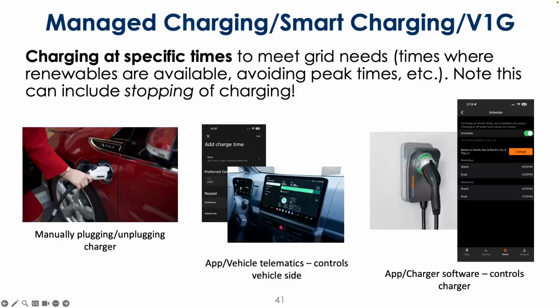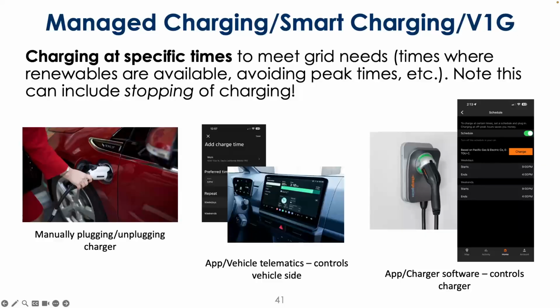You could also have it on the charger side, where you have controls from the charger, and I think this one is probably the most common, that are integrated with grid signals, and it will just not charge at certain times.